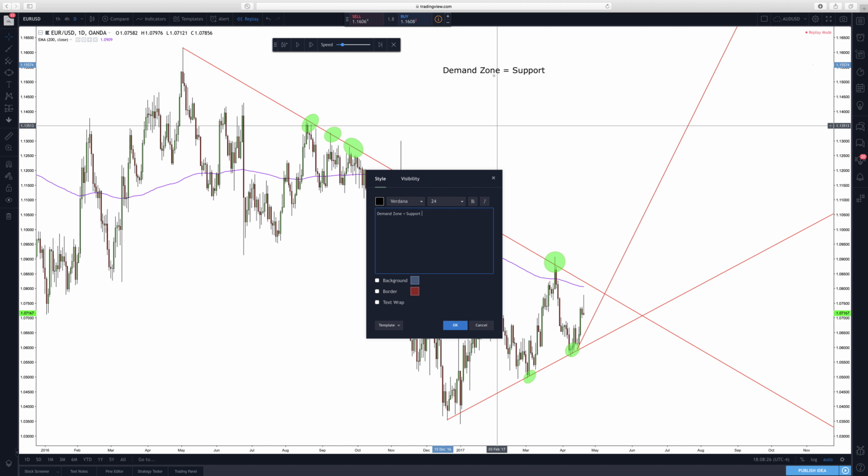So I like to draw these zones because when price is near them, that's where I know that within that area I can look for certain candlestick patterns or market patterns to form when it is being respected. So our demand zones equal support, our supply zones equal resistance.